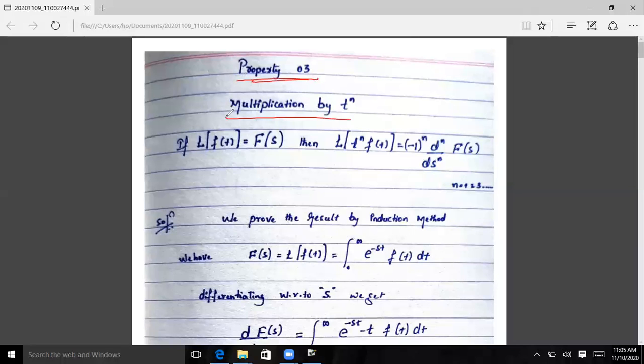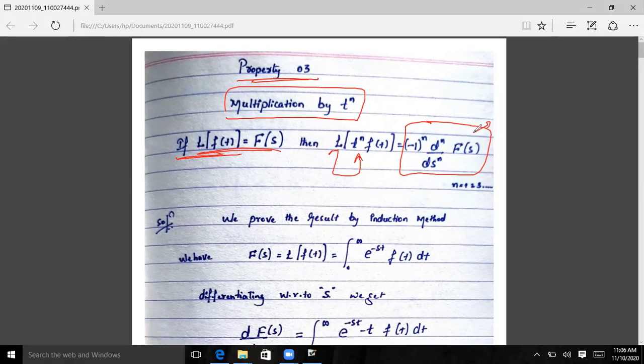The third property is multiplication by t to the power n. The statement is: if the Laplace transformation of f of t is equal to capital F of s, then the Laplace transformation of t to the power n into f of t is equal to minus 1 to the power n, d to the power n by ds to the power n of F of s.